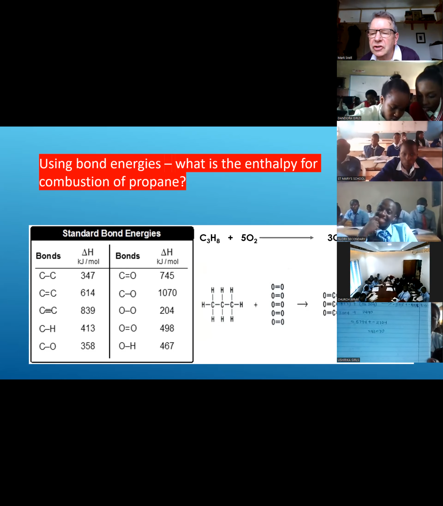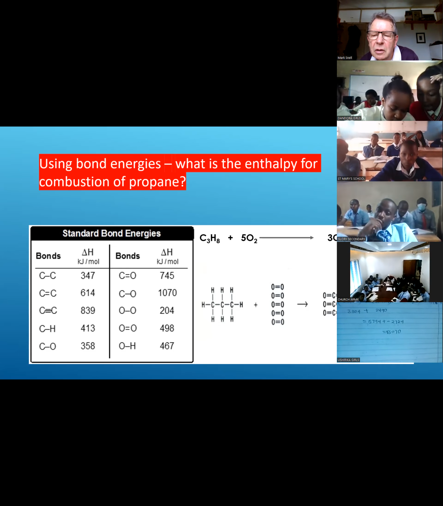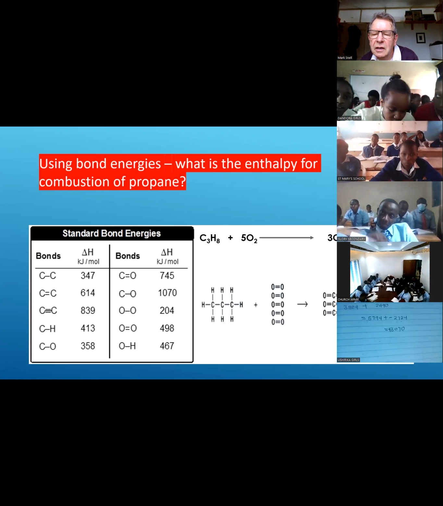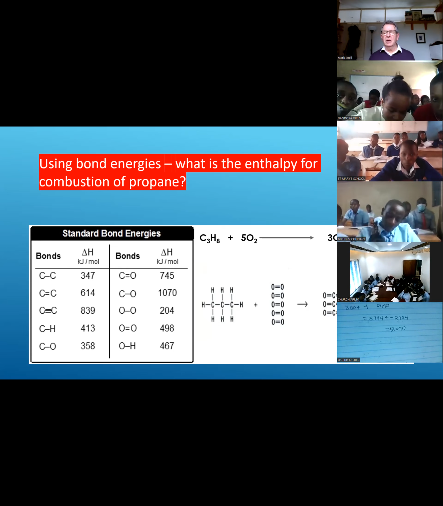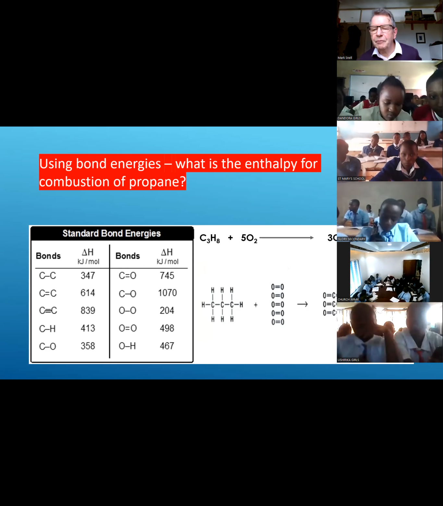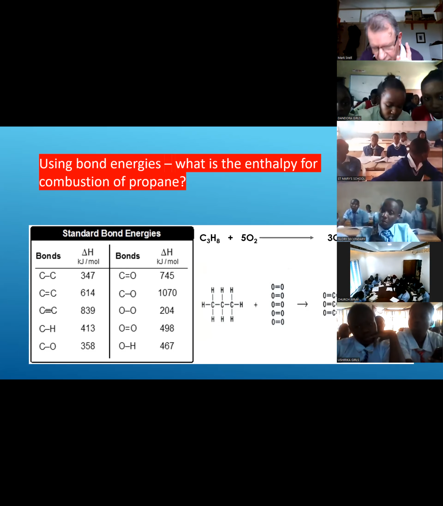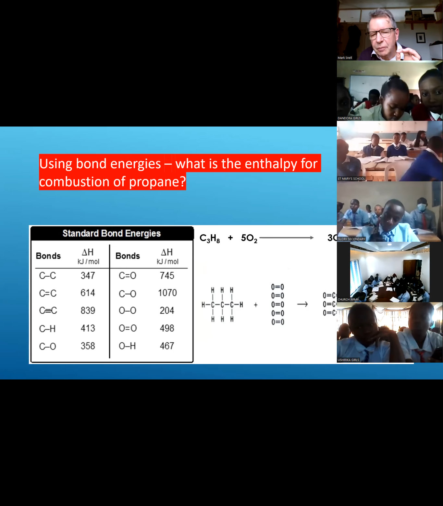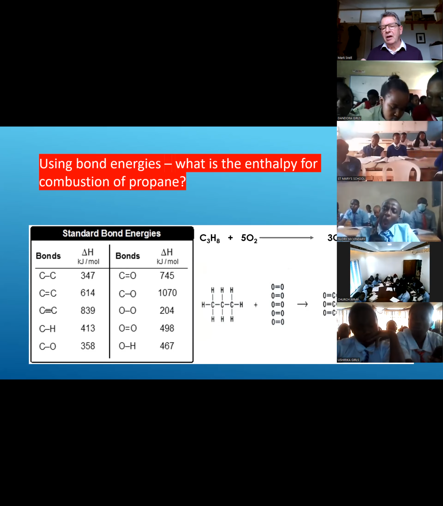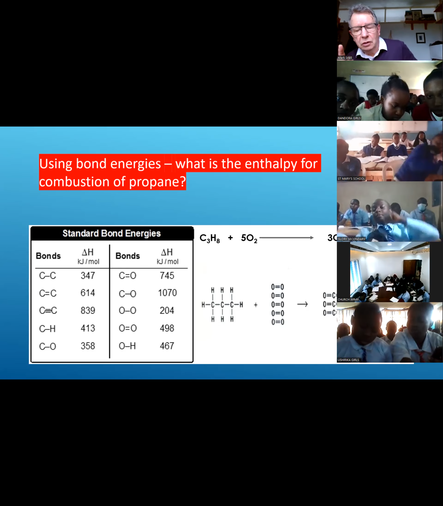So I have a number from one student already. Is that 13070? Oh, it's positive 3070. Ah, is it? Well, good answer. But firstly, it cannot be positive because propane is a fuel.